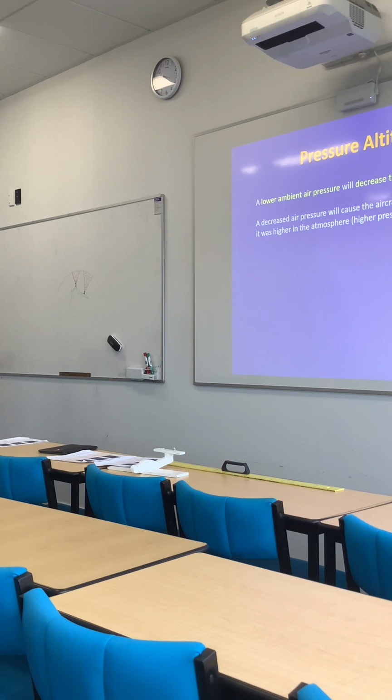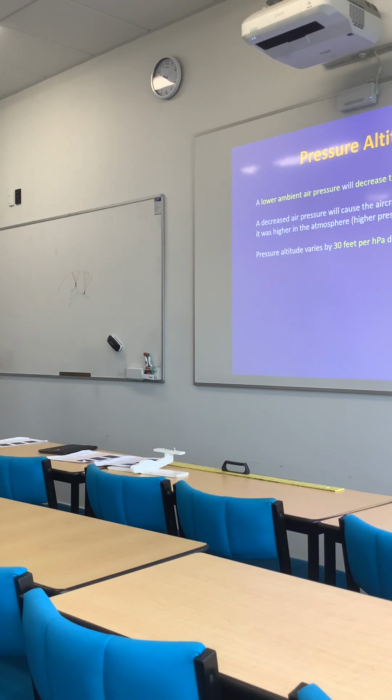So decreased pressure indicates a higher pressure altitude. Years ago, a study was done to find an average of the global conditions of temperature, pressure, and density, as well as how those things change as we climb through the atmosphere. And so they developed what is called the International Standard Atmosphere.